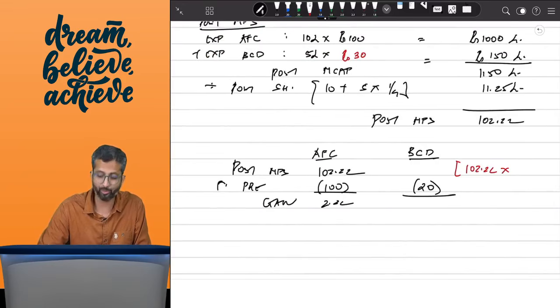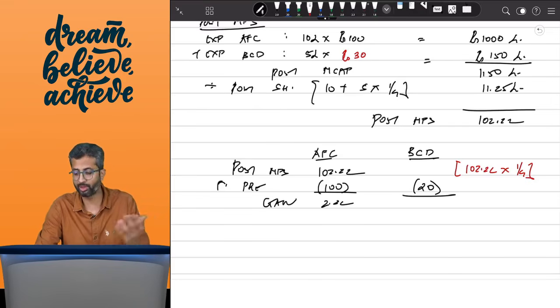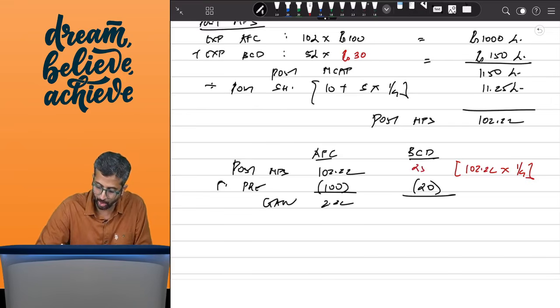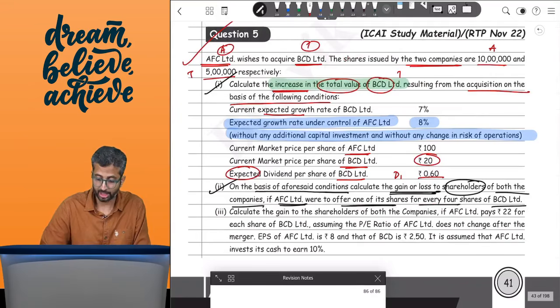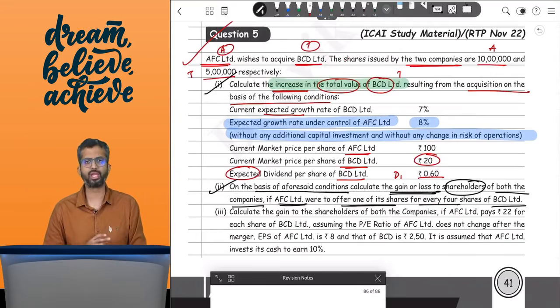But do I have 1 share? No. Each shareholder of BCD gets 0.25 or 1/4 of AFC shares, and hence this will be worth 25.56, and hence 5.56 is again the gain for each shareholder of BCD in case we had to show this. So this is an interesting assessment and to be done when different growth rate data is given.